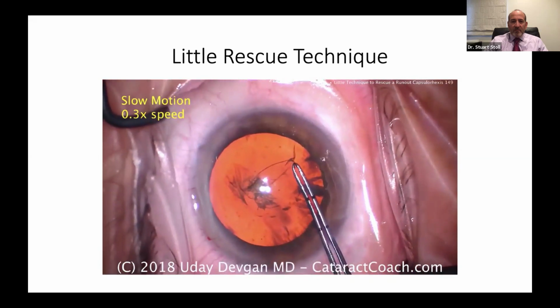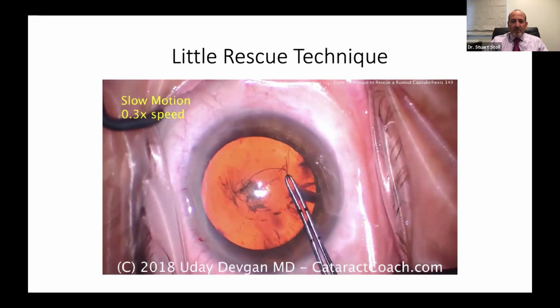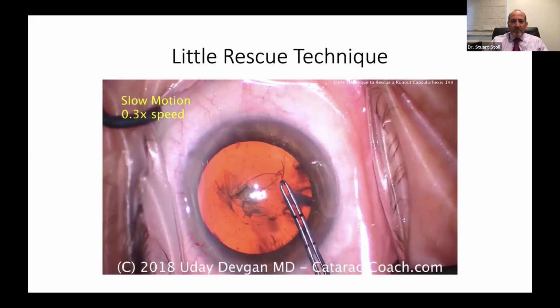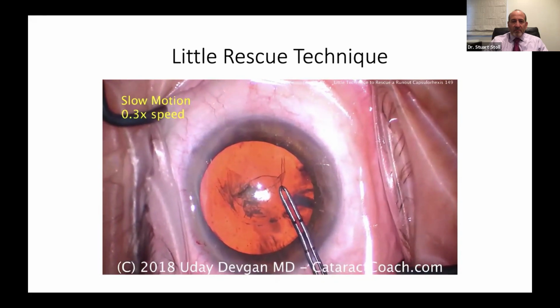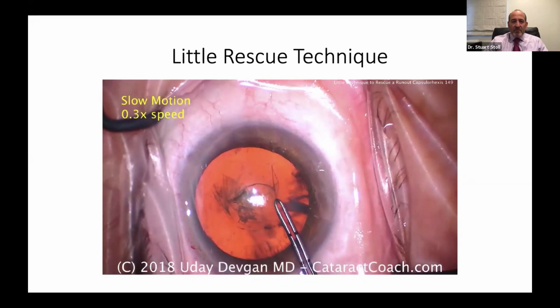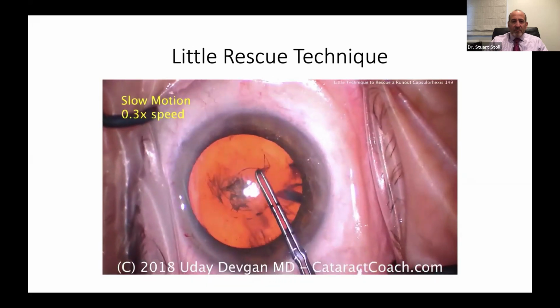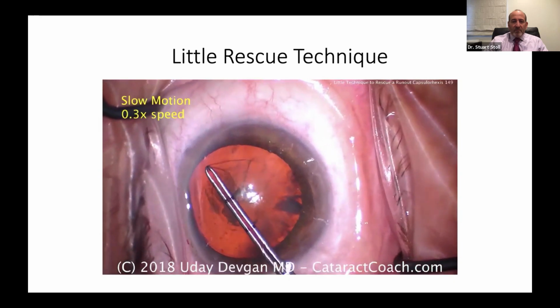So right now we're right at the pupil margin. It could go towards the zonules, but if we pull inwards, watch carefully, it'll tear towards the center of the eye. This little technique is very useful, and all surgeons should certainly know how to do it. Now, once it's in a normal position, flip back over and continue the rhexis normally.